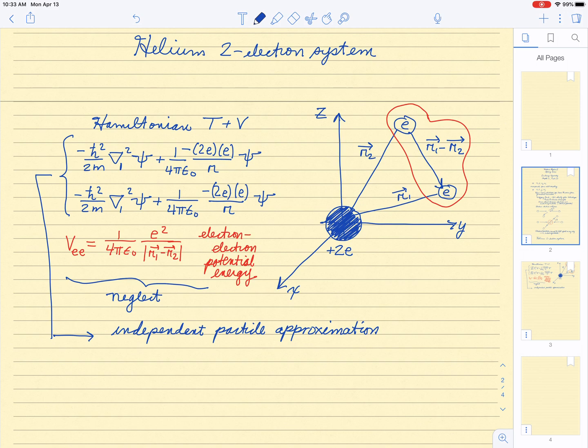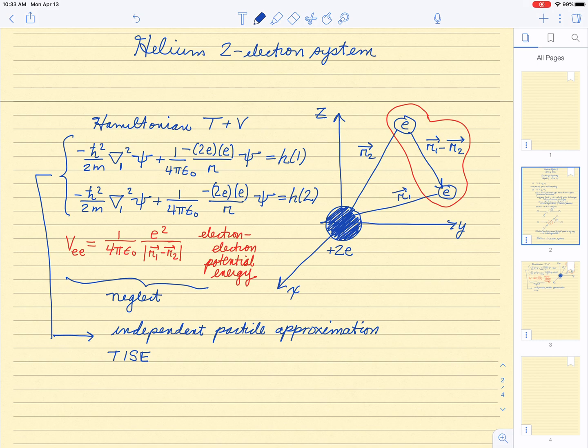So then we can write the time-independent Schrödinger equation as, and again, we'll call this H1 and this H2, where H1 and H2 are the Hamiltonians for particle 1 and particle 2, respectively.